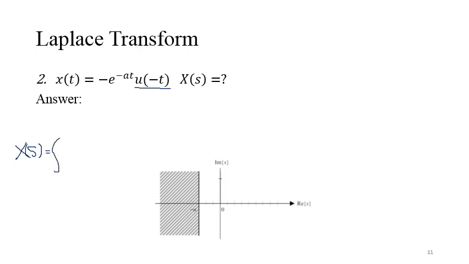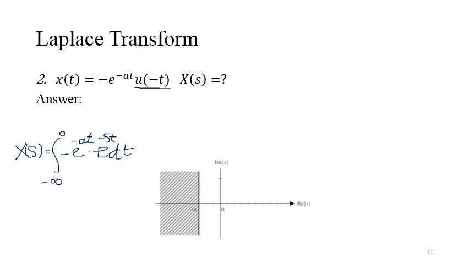Because u of minus t is multiplied here, it cannot go beyond 0, so I write minus, and then we have e to the power at, multiplied by the exponential e power minus st dt. Because the bases are the same, the powers will be added.